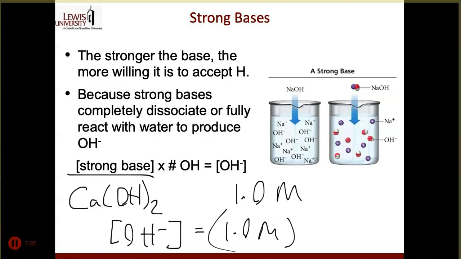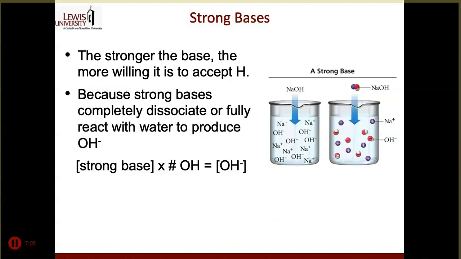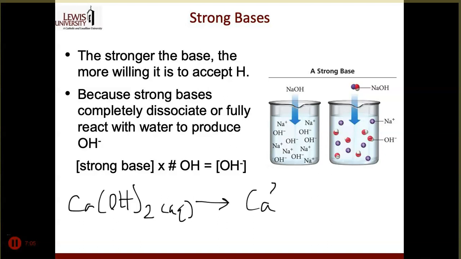In this instance, there are two hydroxides there. So we multiply that value by 2, and this gives us 2.0 molar, right? And this makes sense because if we were to put this in solution and it were to act as a strong base, it would completely dissociate and we would be left with Ca2 plus and 2 hydroxides, right? So the hydroxide concentration is 2 times the calcium hydroxide concentration.